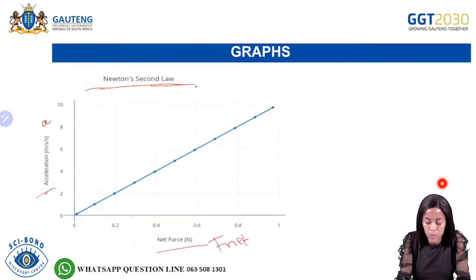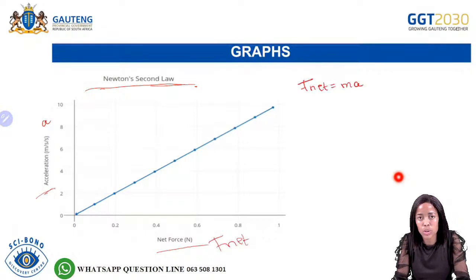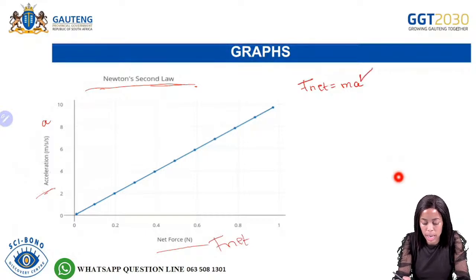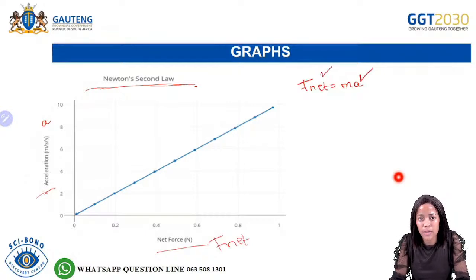In terms of Newton's second law, we know that F net is equal to what? It is equal to ma. As I've said, on the y-axis we have acceleration, represented by a, and on the x-axis we have your F net, or your net force.